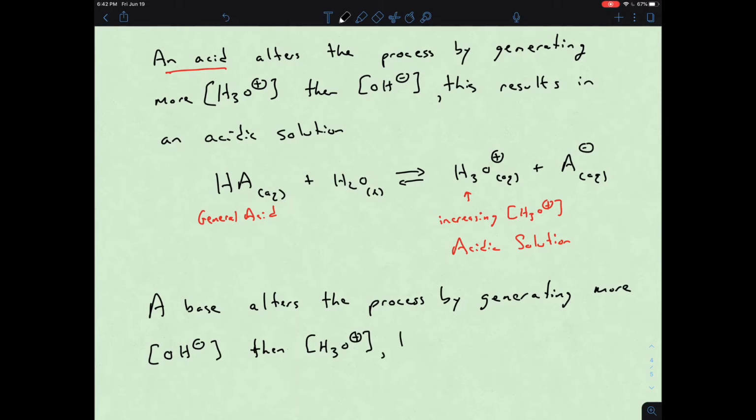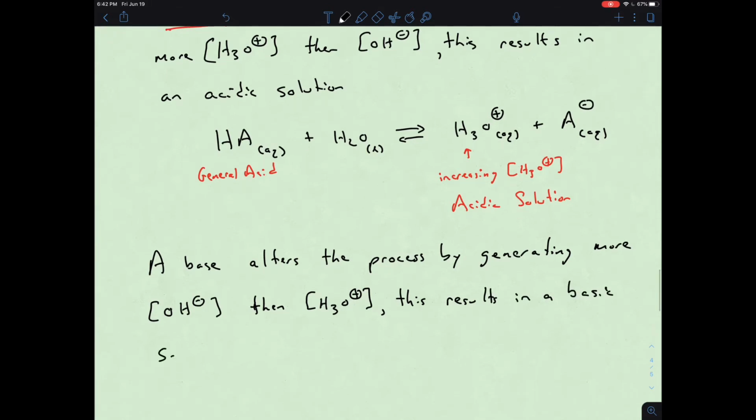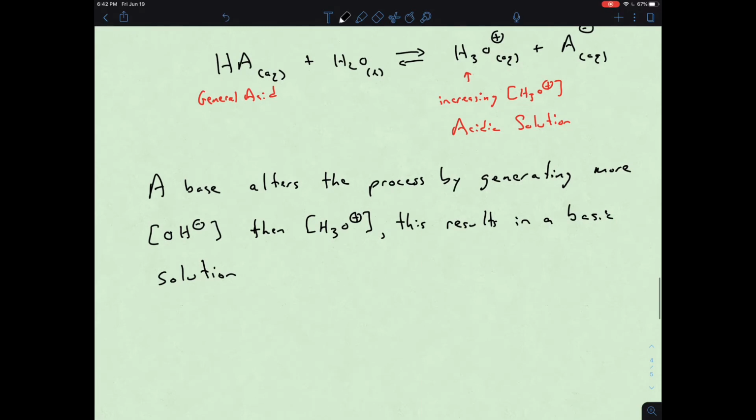And so this results in a basic solution. So we could have a general base, maybe something that looks like this, where we have a lone pair.